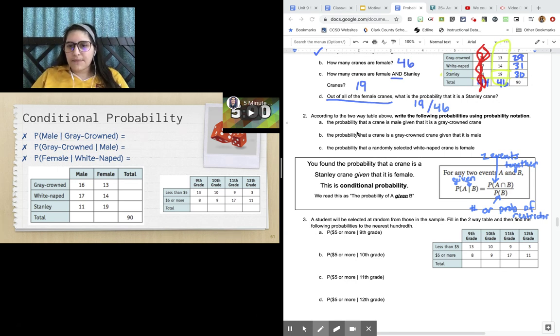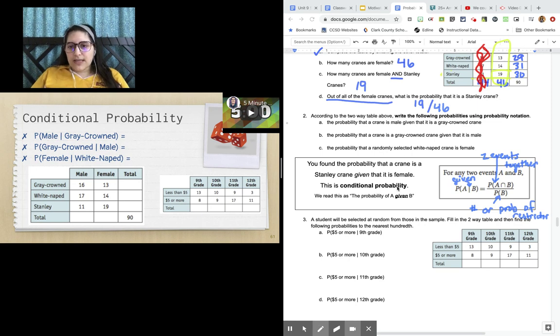One of the most important things to figure out when you're doing given probabilities is which category is the restrictor category, because that's going to change what goes on the bottom of your fraction, the number or the probability. If they give you probabilities in the problem, like in a Venn diagram, for example, you would put a probability on the bottom. But in two-way tables, most of the time they're going to give you numbers, so the number in that category goes on the bottom.